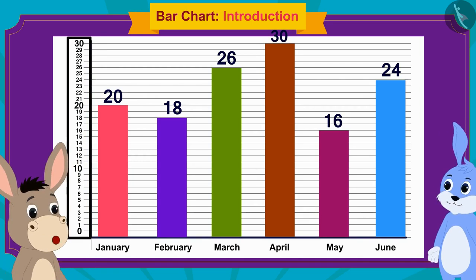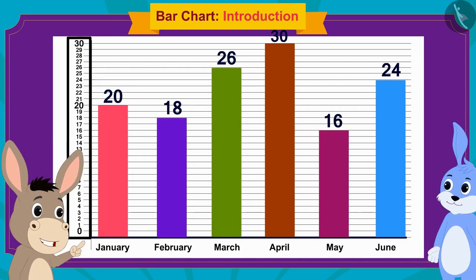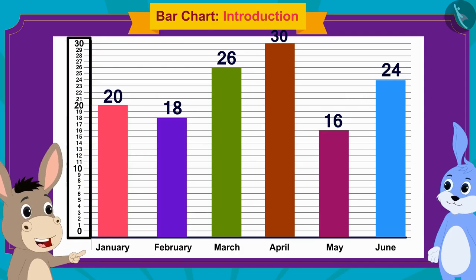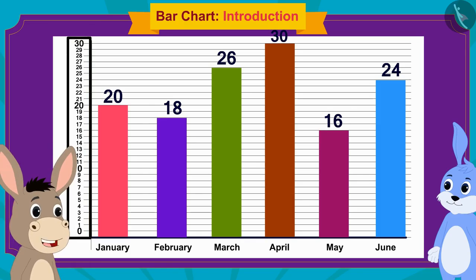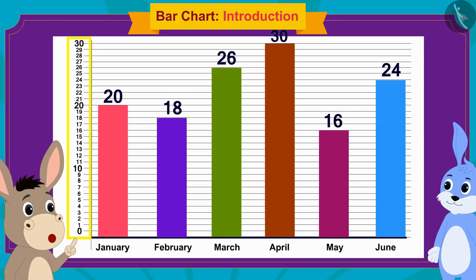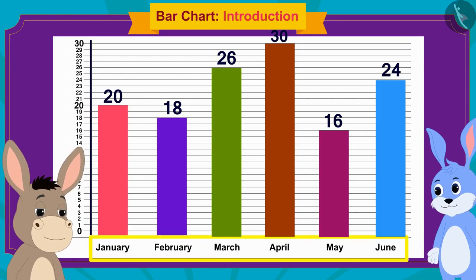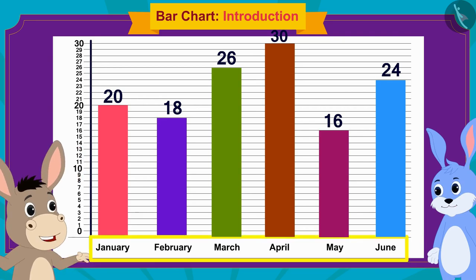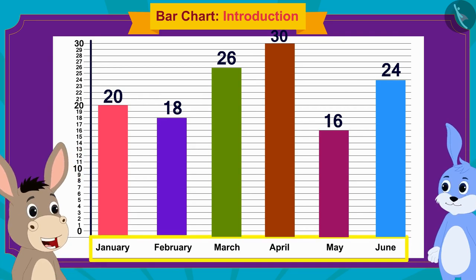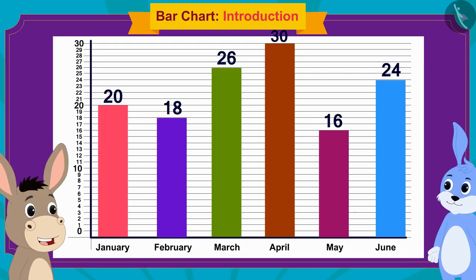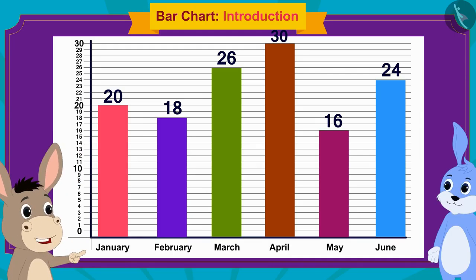On the vertical line, I have written equally spaced numbers from 1 to 30 to show the amount you have saved. And on the horizontal line, I have written the names of the months. Now, can you tell me in which month you have saved the least amount of money?